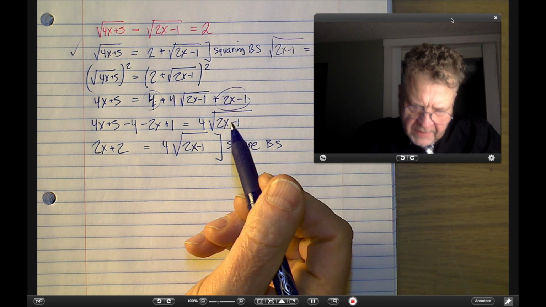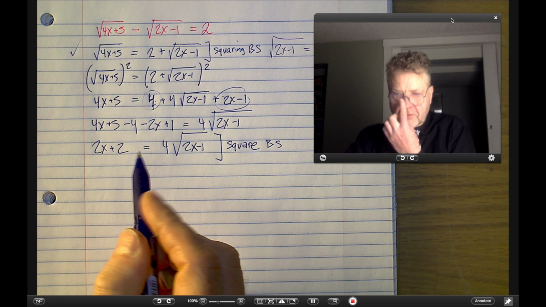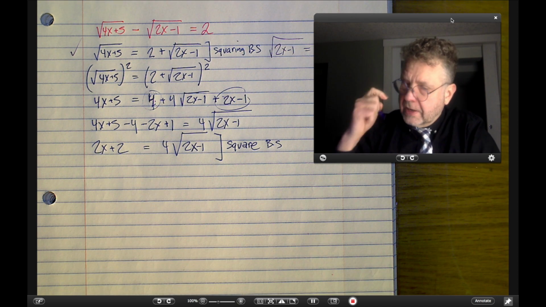So now I've got a polynomial on the left side, 2x plus 2, so it's going to be 2x plus 2 quantity squared.